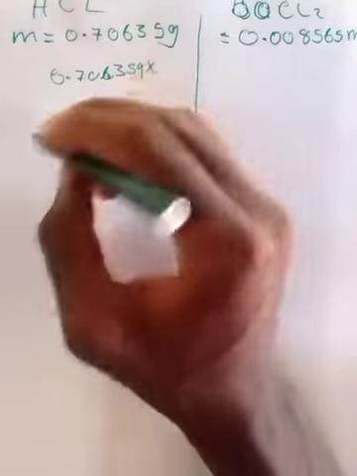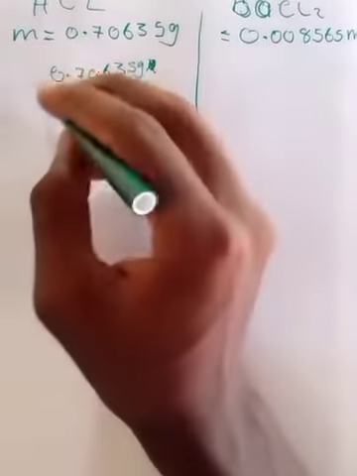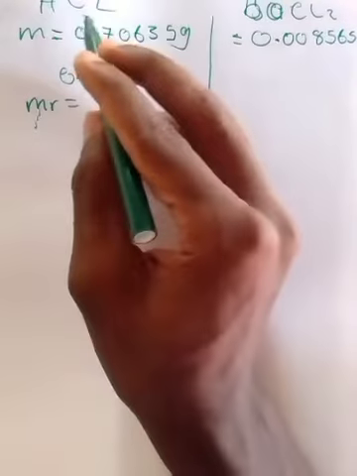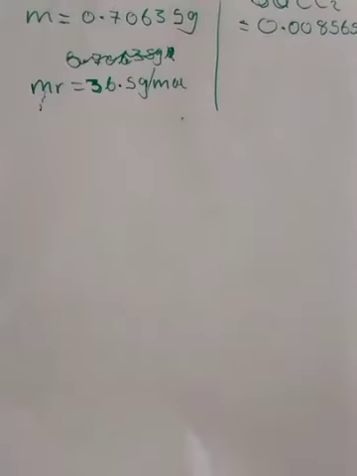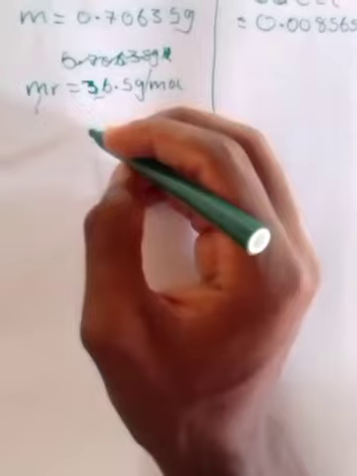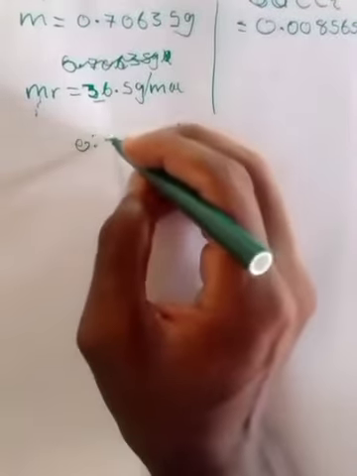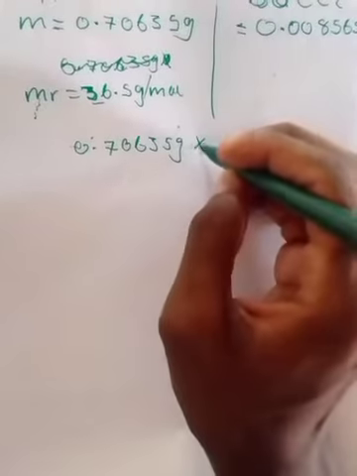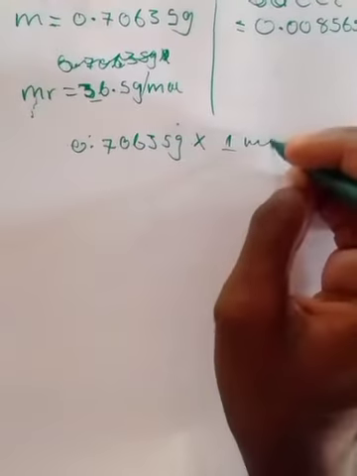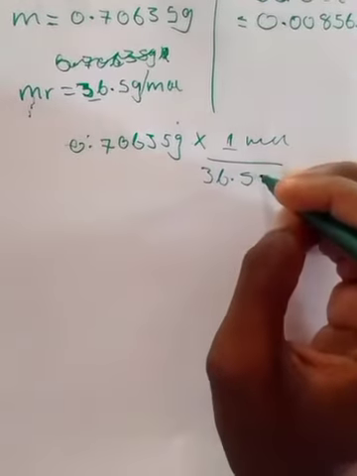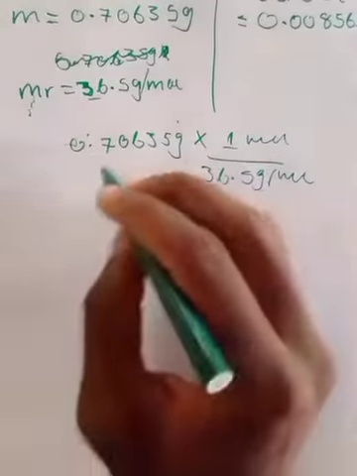The molar mass for hydrochloric acid is 36.5 grams per mole. So using dimensional analysis, 0.70635 grams times 1 mole over 36.5 grams.